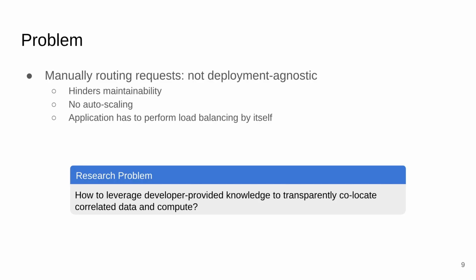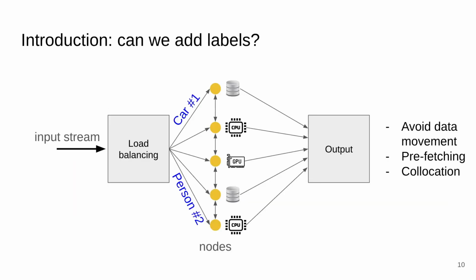The developer just says, okay, this is going to be about person number 7, and then the hosting platform will take care of making sure that everything corresponding to person 7 is going to be collocated. So this is the problem: how to encode this developer knowledge so the pipeline can run very efficiently and transparently, basically.